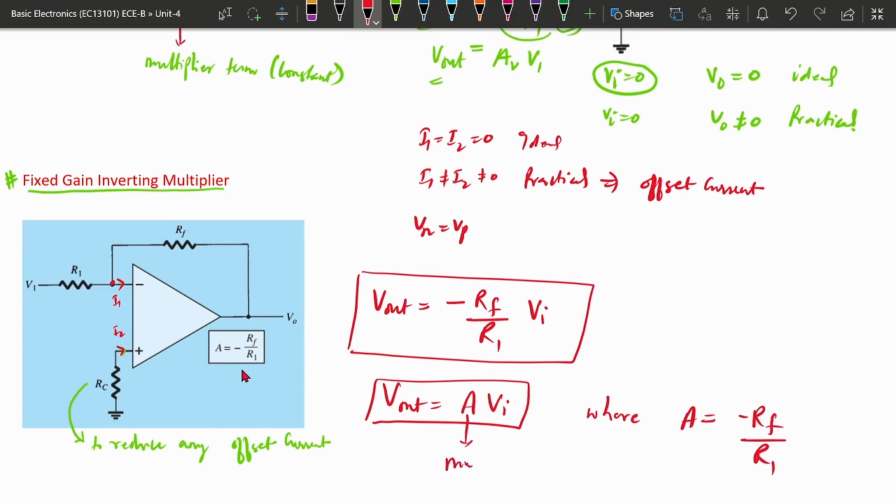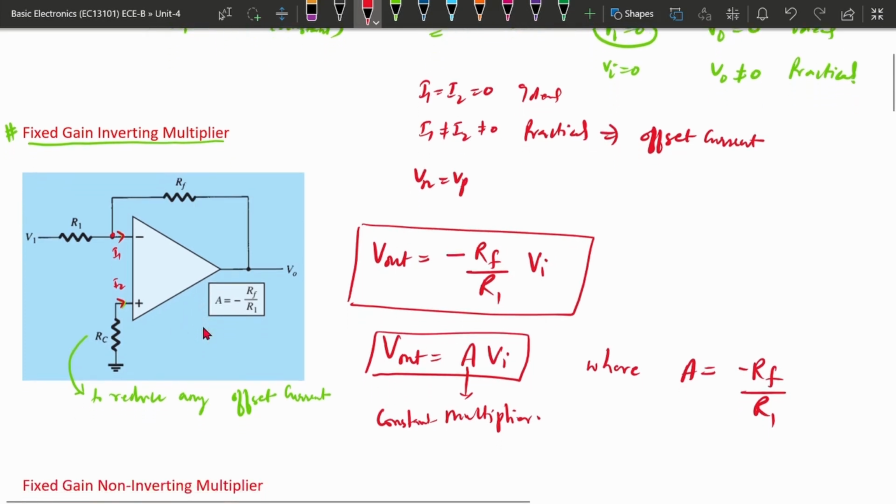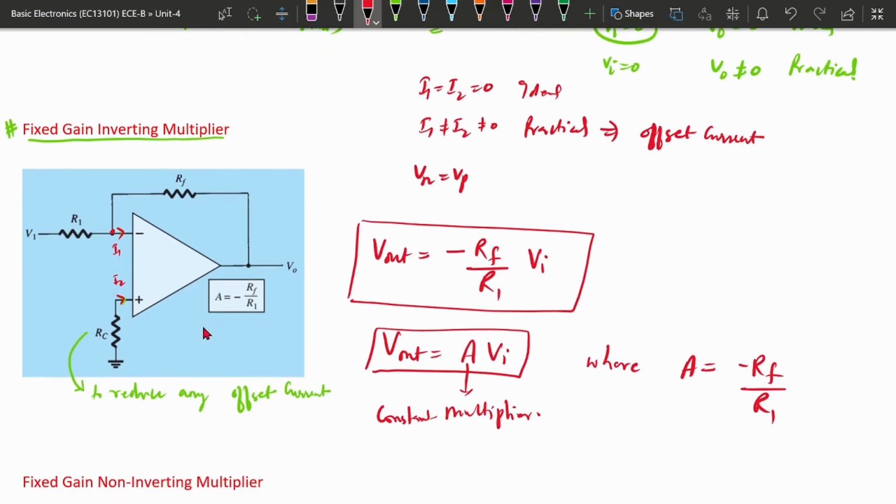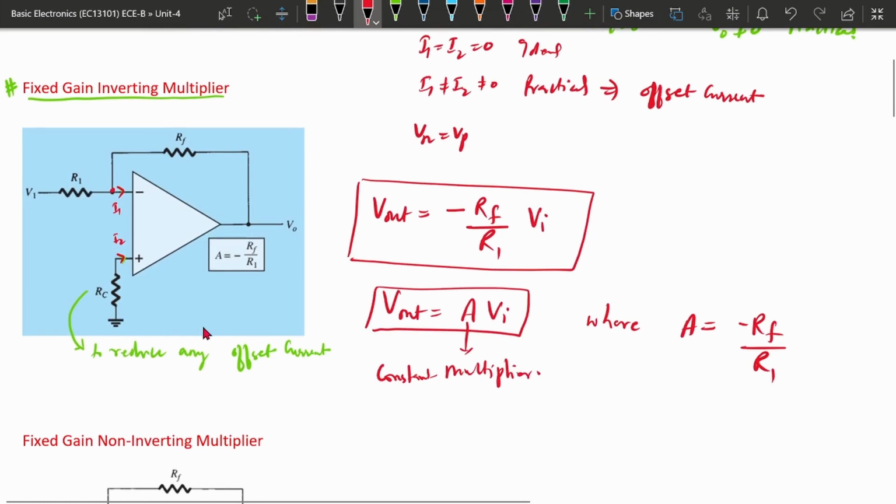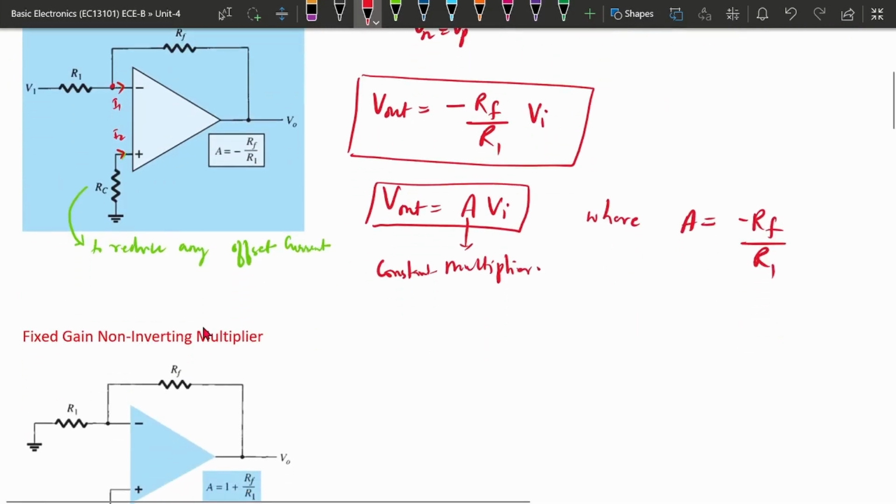This is our multiplier, or you can call it a constant multiplier. It is very simple, similar to the basic operational amplifier we have seen, and can be represented as a fixed gain inverting amplifier. So this A here is the constant multiplier, or we can call it a gain also.